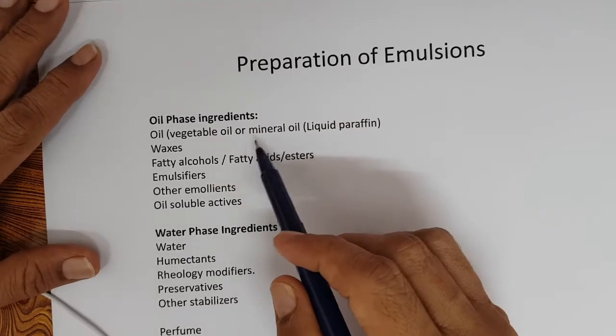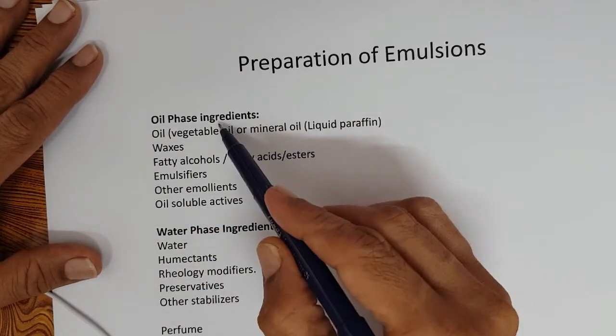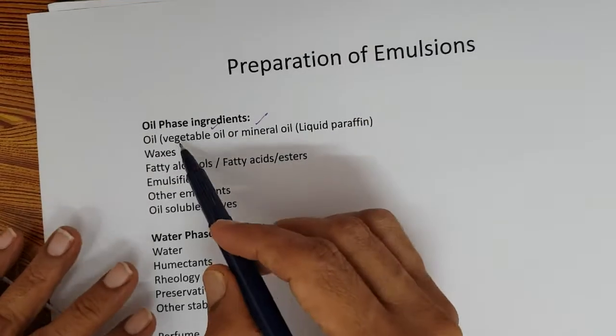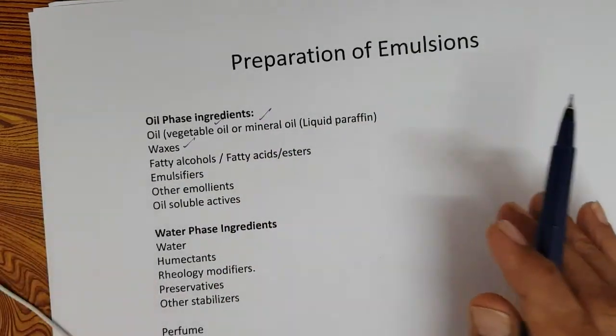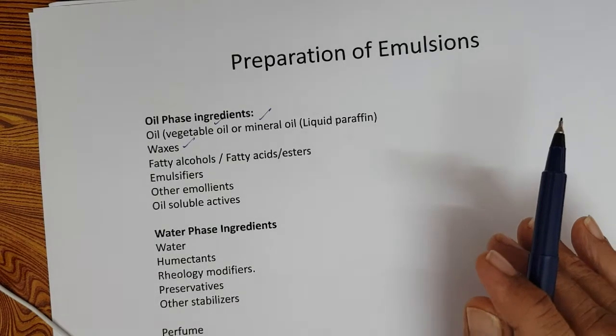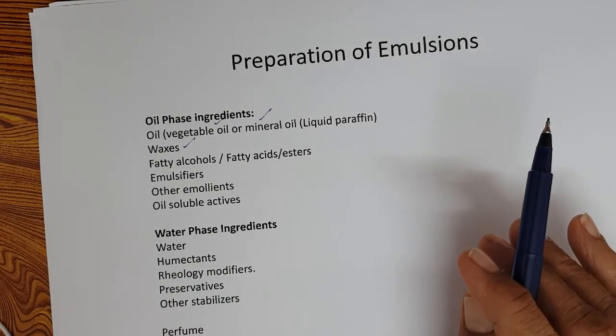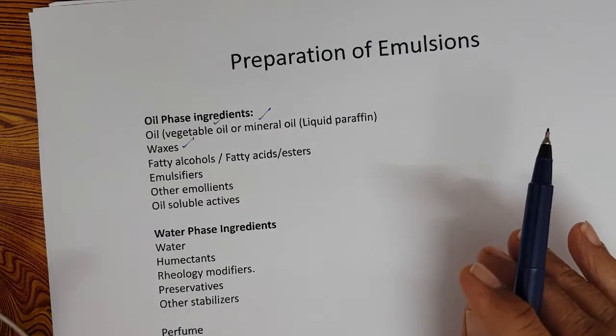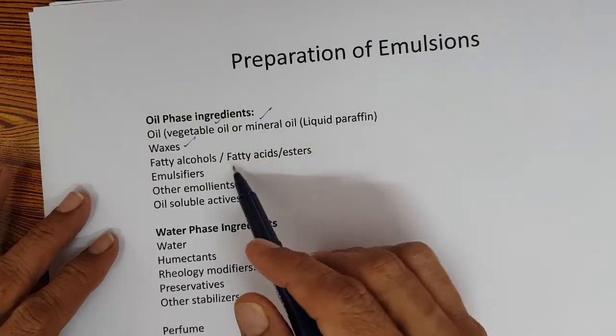In the oil phase, oil, vegetable oil, mineral oil like liquid paraffin are included, waxes, paraffin wax, microcrystalline wax, and beeswax, carnauba wax, candelilla wax of vegetable origin, all those things are used.